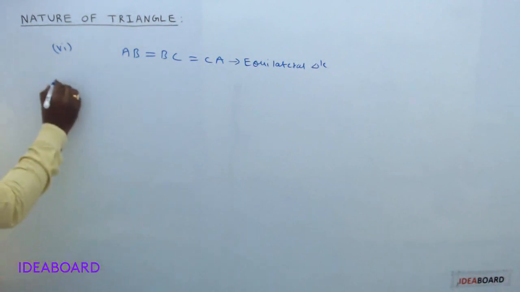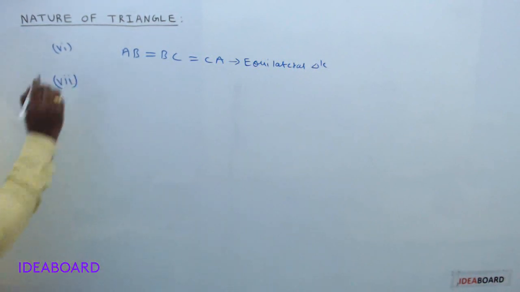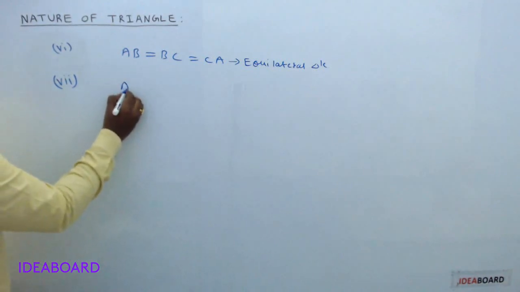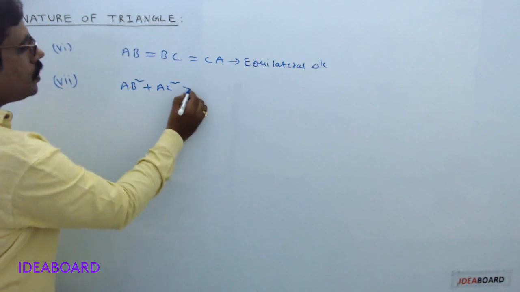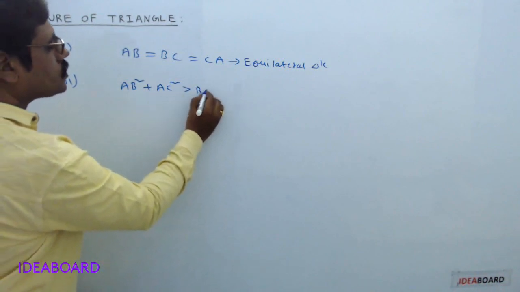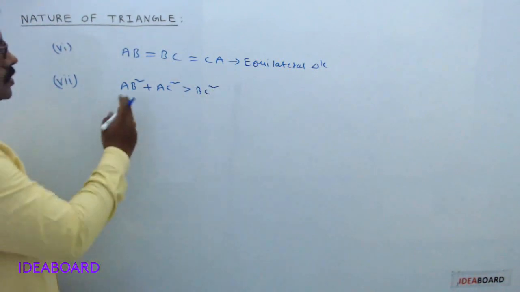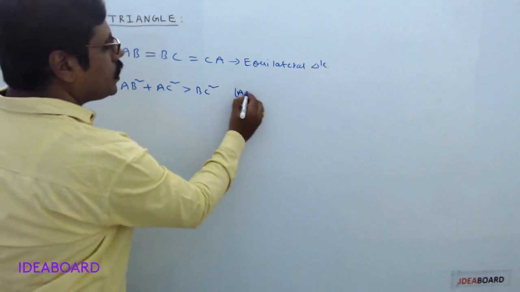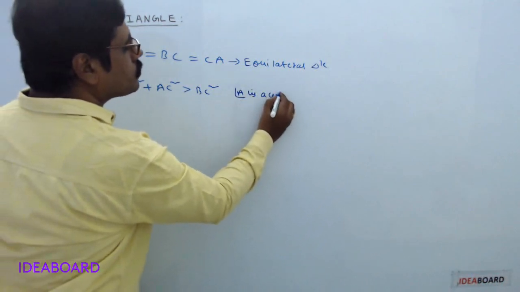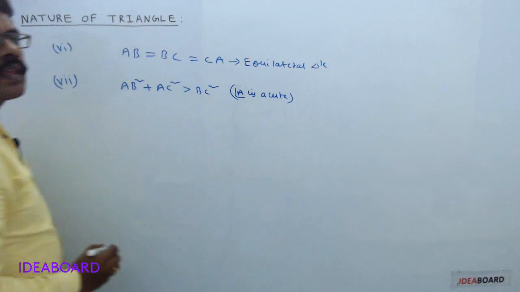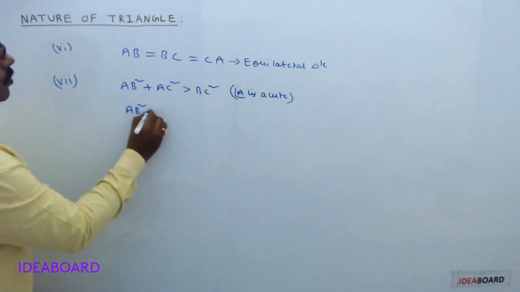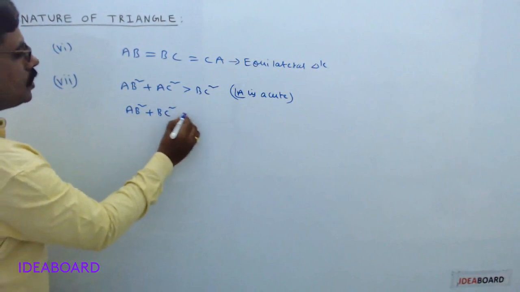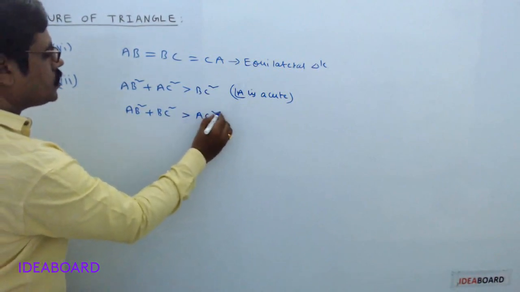Come to the next point. Suppose AB square plus AC square greater than BC square. In this case, angle A is acute. Suppose AB square plus BC square greater than AC square.